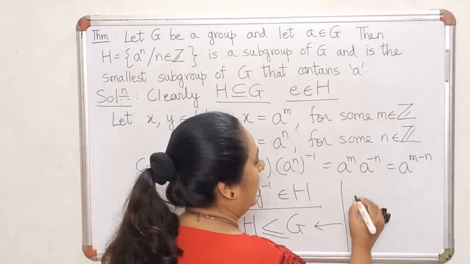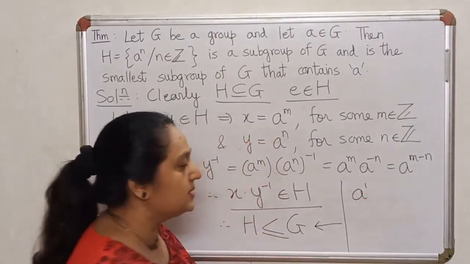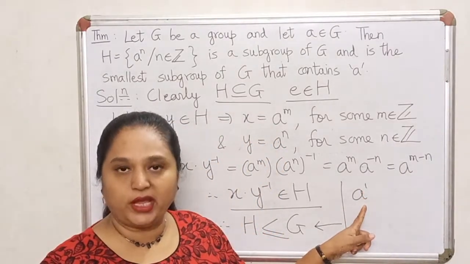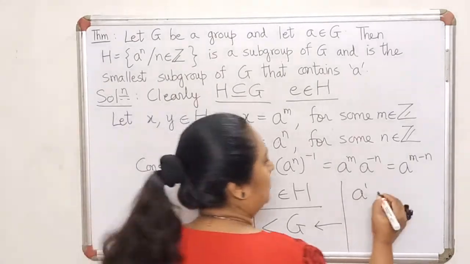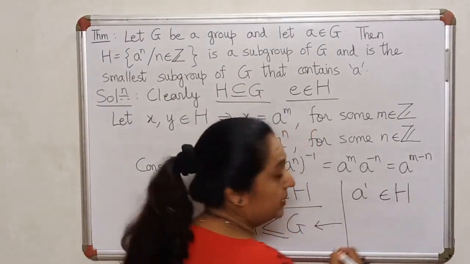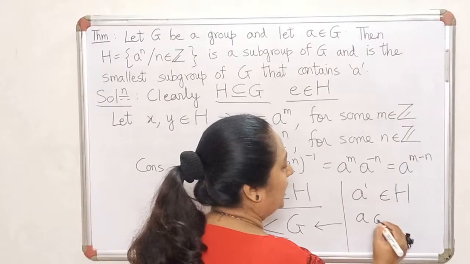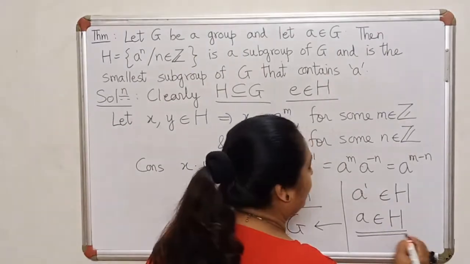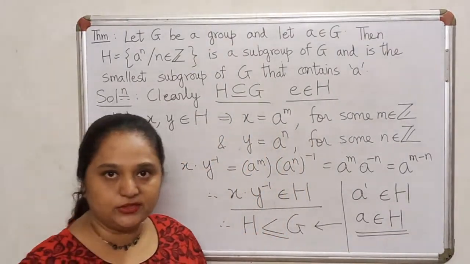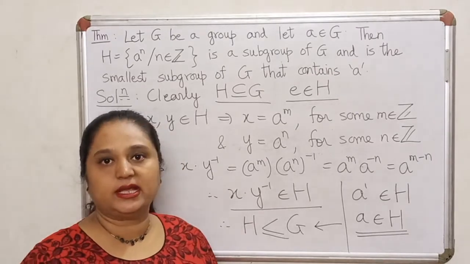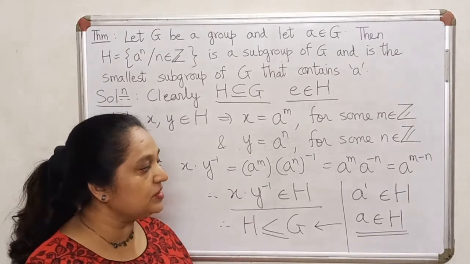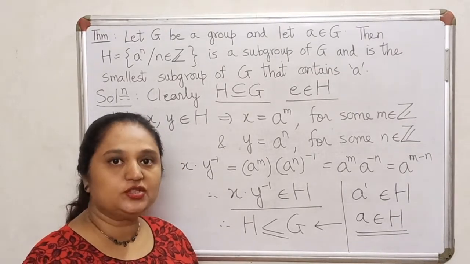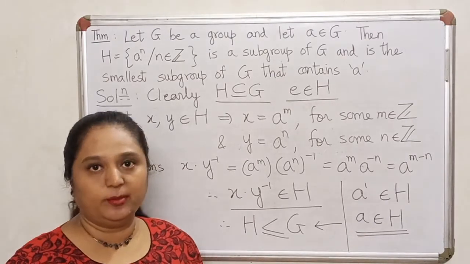Look at A raised to 1. This is an integral power of A, so this is surely going to be in H, and A raised to 1 is nothing but A. So definitely A lies inside H, or H contains the element A. So H is a subgroup of G which contains the element A.